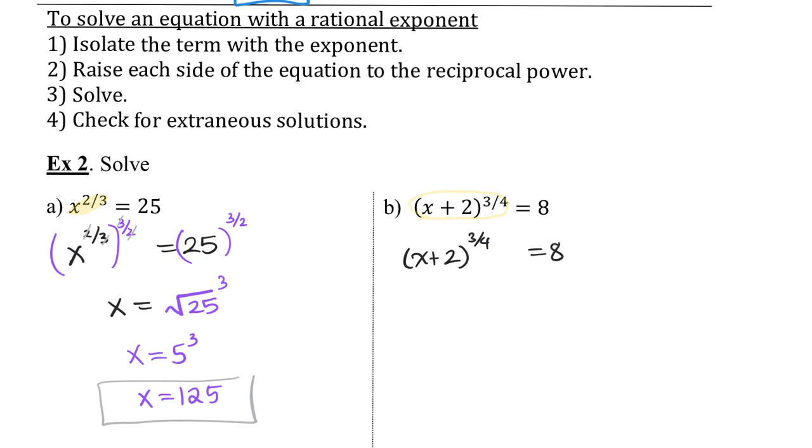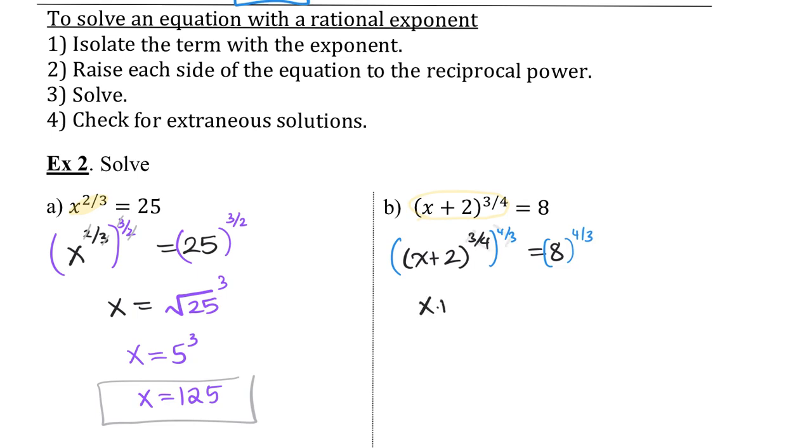Okay, to cancel the 3/4, I'm going to raise the whole thing to the 4/3. I'm going to do the same on this side. Let's see, why do we do that? We do that because then the 3 cancels and the 4 cancels, because we're multiplying the exponents.